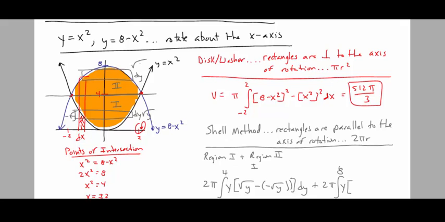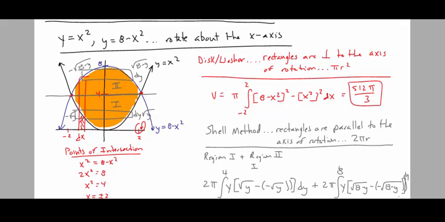And again, this would be root 8 minus y over here, and this would be negative root 8 minus y over here. So I have root 8 minus y minus negative root 8 minus y. And of course, my bracket is here, dy. Okay, so I kind of had to squish it in there.